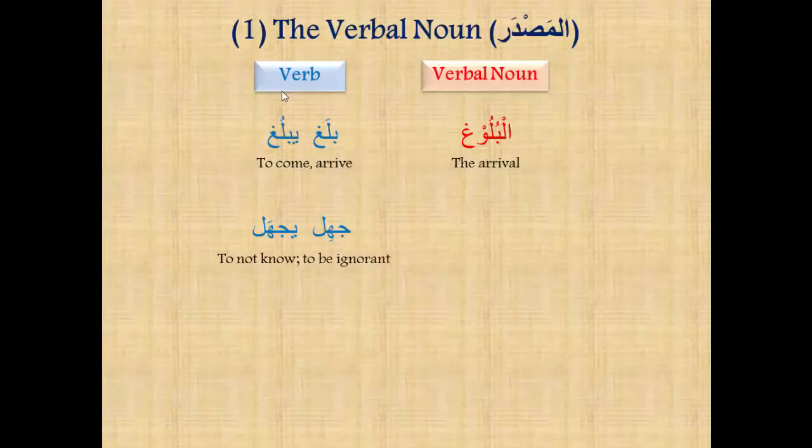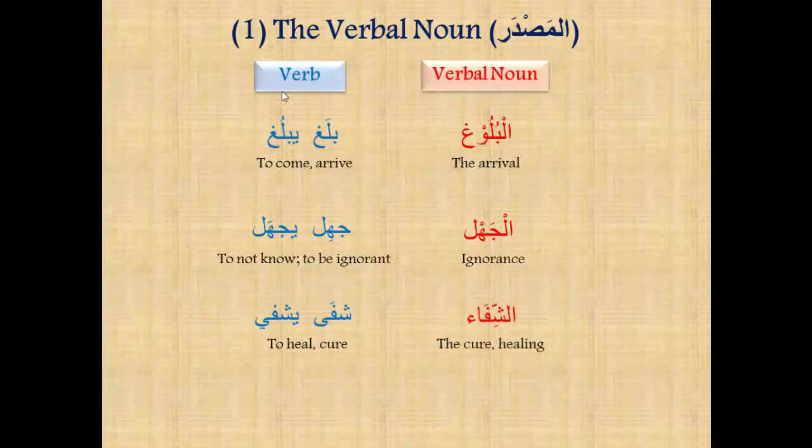Jahila yajhalu means to not know or to be ignorant. The associated verbal noun is al-jahl, which means ignorance. Shafa yashfi means to heal or to cure someone of a sickness. Its verbal noun, its masdar, is ash-shifa, which means the cure or healing, the process of curing or healing someone.